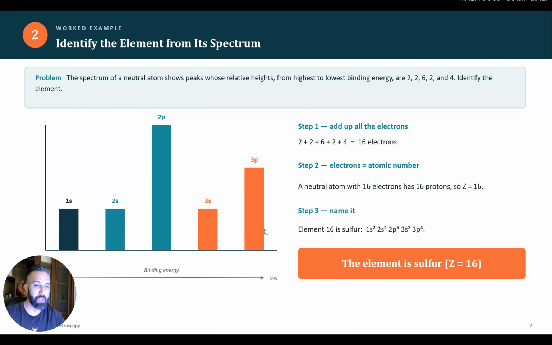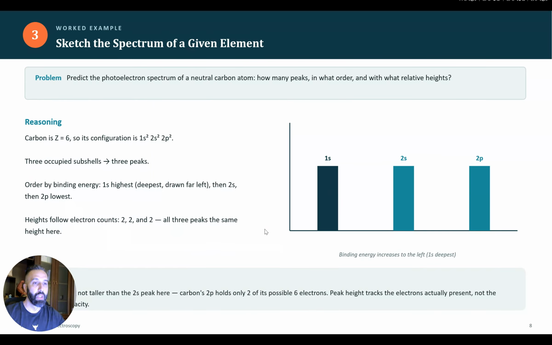So atomic number 16. Now this one, predict the photoelectron spectrum of a neutral carbon atom. How many peaks, in what order, and with what relative heights? So carbon, you can simply go to the periodic table and see that carbon has the atomic number of 6, which means it's going to have 6 electrons.